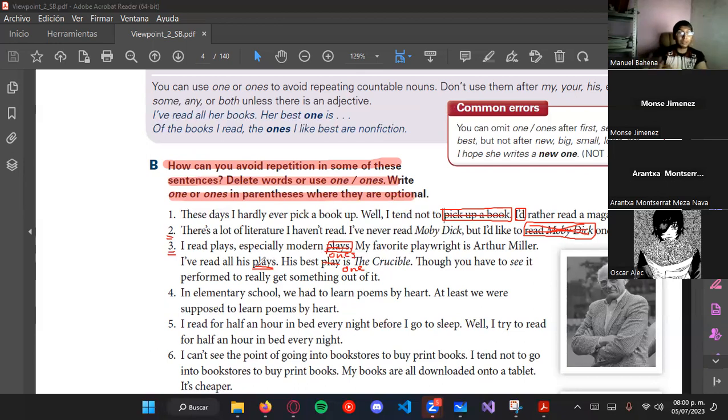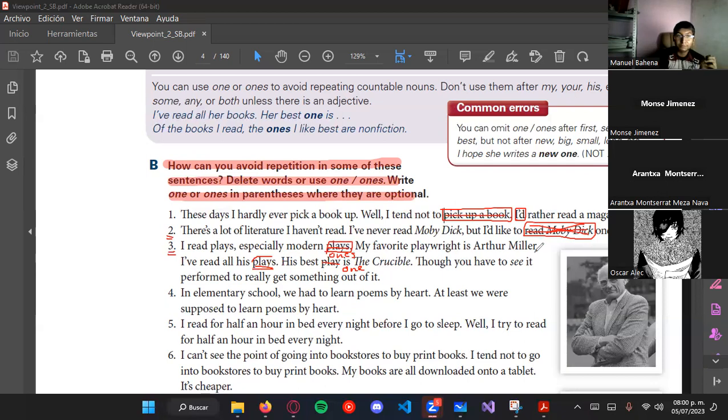Pero también aquí sí tenemos que especificar porque a lo mejor además de ser un playwright, también escribe libros, escribe novelas, etcétera. Entonces sí tengo que especificar un poco aquí qué. Ya después de aquí, his best one, su mejor, aquí sí, porque ya está implícito que estoy hablando de sus obras. All right? ¿De acuerdo, teacher, chicos?